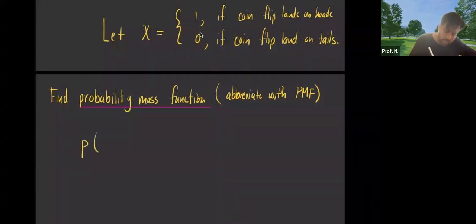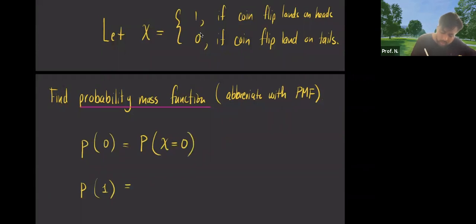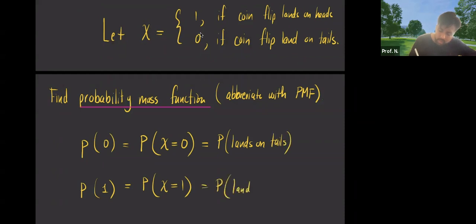Well, this random variable can either equal a 0, or it can equal a 1. Again, this is the probability that my random variable equals 0, the probability that my random variable equals 1, which means the probability that it lands on tails, or the probability that it lands on heads. And obviously it's 1/2, 1/2. You guys see that?